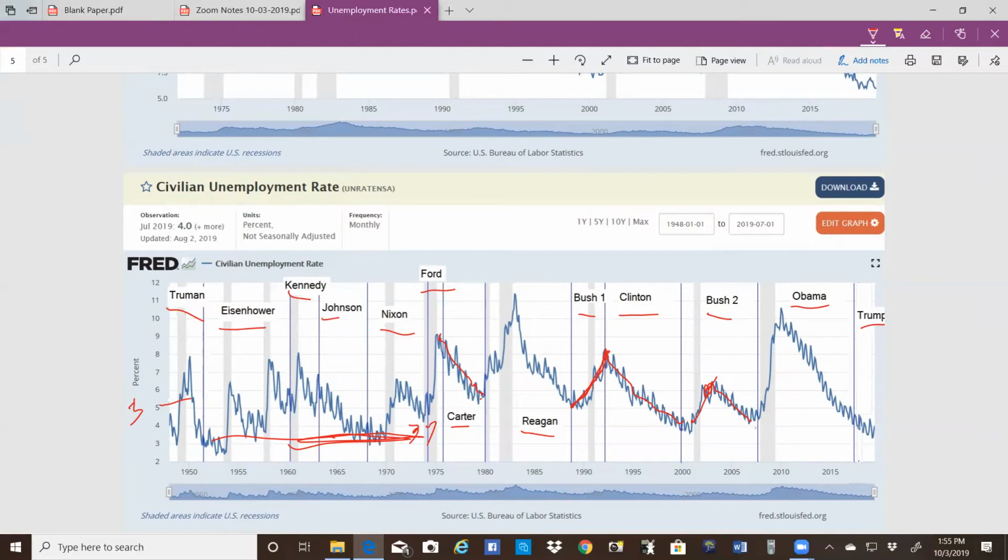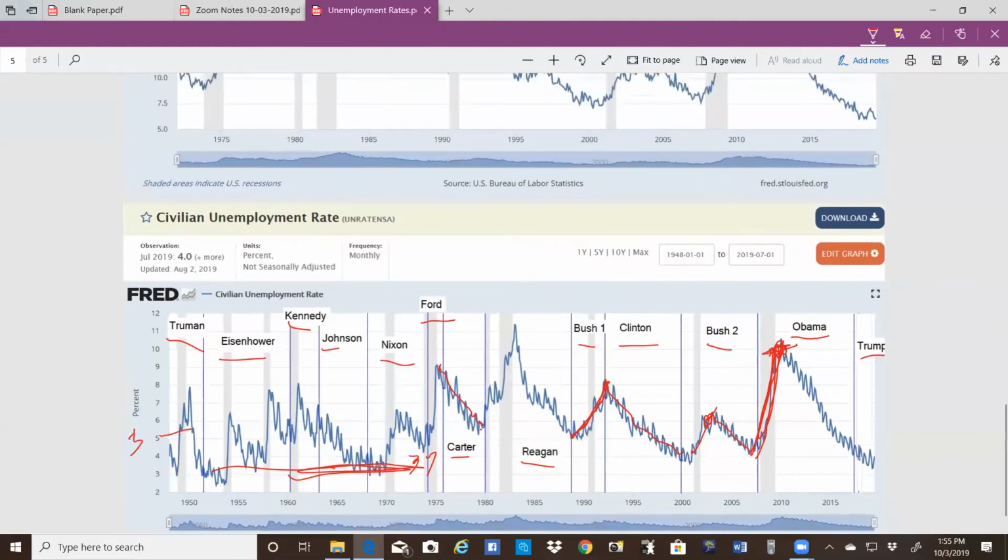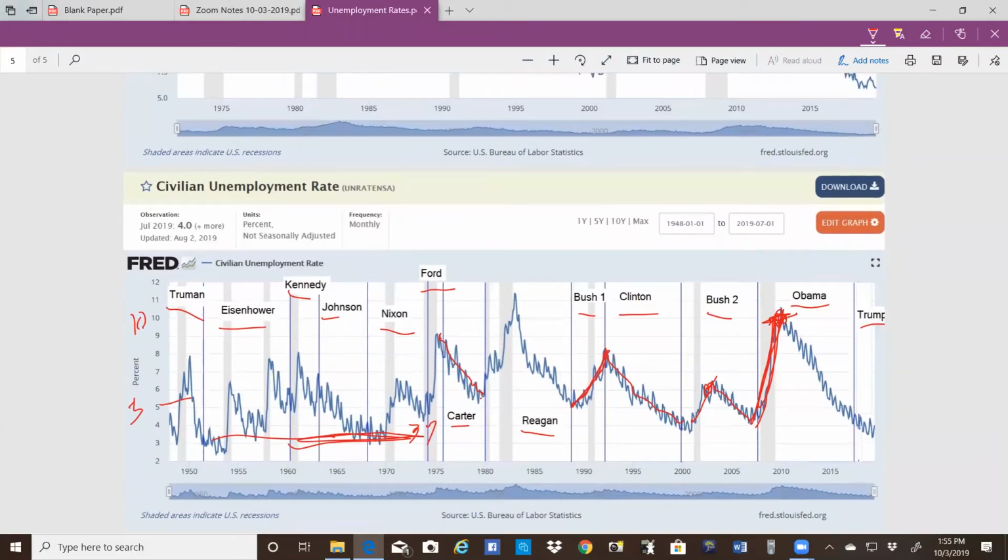And then just as Bush left, remember we had a terrible economic situation at the beginning of Obama's term, with a 10% unemployment rate. And you're right, Miranda, we want that to go down. And so during his administration, it did go way down to about 4%.